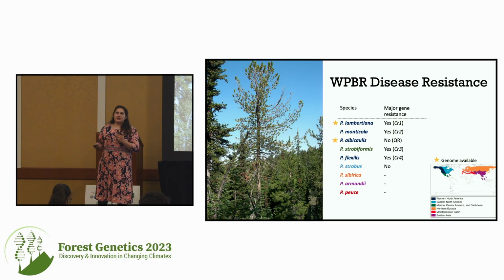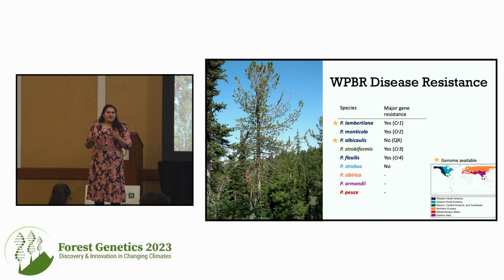However, it has been shown to have significant quantitative disease resistance, and there is a wide range across the range of white bark pine families as well. So the identification of NLRs is not just about candidates for the major gene resistance, but also these are going to be genes involved in quantitative resistance as well.